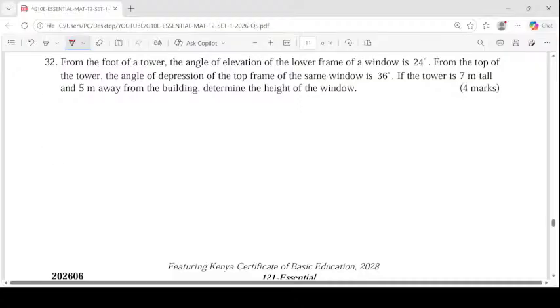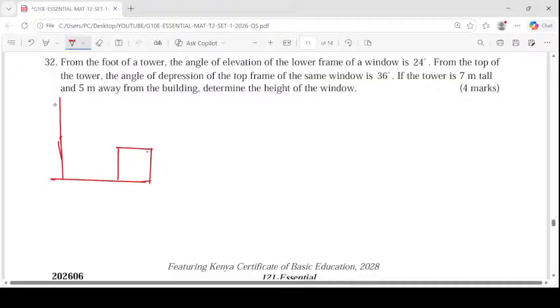I want us to get it this way. Let me say that is my tower, and I can have my window here. This is my window.